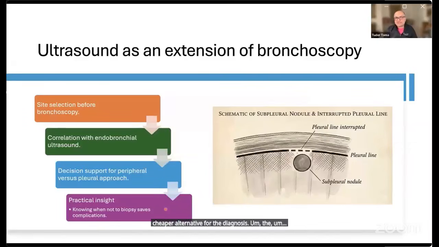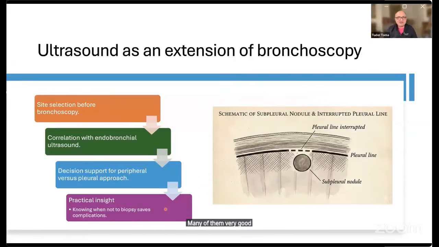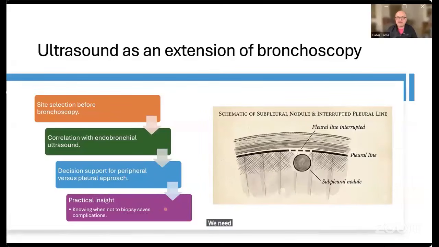The extension to bronchoscopy, as I said, so initially, and still, unfortunately, people who are heavy-duty bronchoscopists, many of them very good friends of mine, they think thoracic ultrasound is a different specialty and we don't need to mix with each other, and we need to have training sessions completely separate and so on.